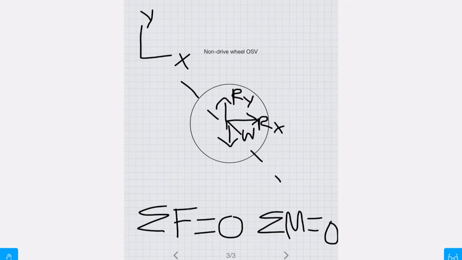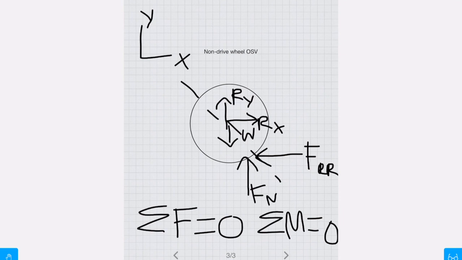So going back to this line that goes through the center, there's going to be two forces. The one in the y direction is just going to be the normal force, which is going to be on the bottom right again. And the force that's pointing towards the left is going to be the rolling resistance.